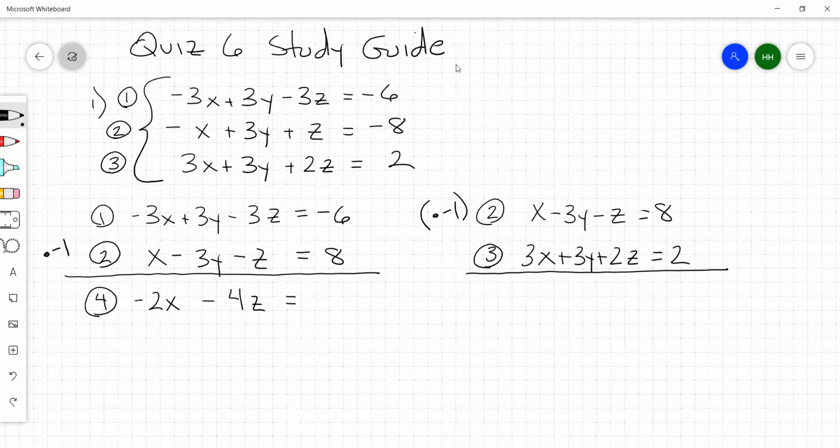And -6 plus 8 is +2. Equation 5, I'm going to get a 4x. My 3y's go away. -z plus 2z is +z, and I'm equal to 10.